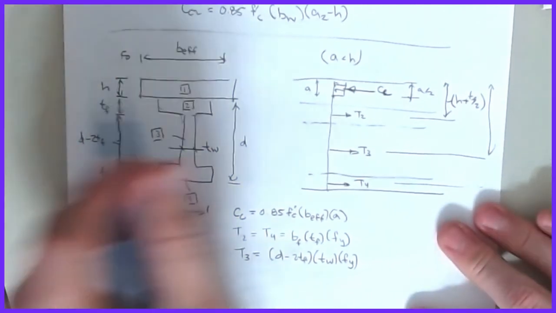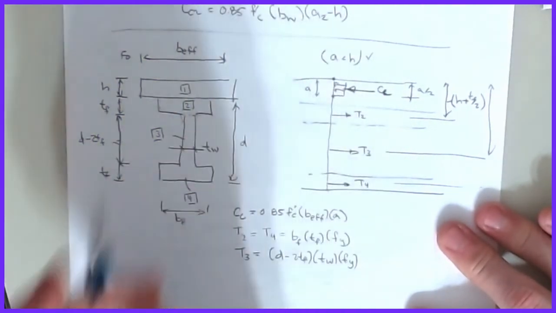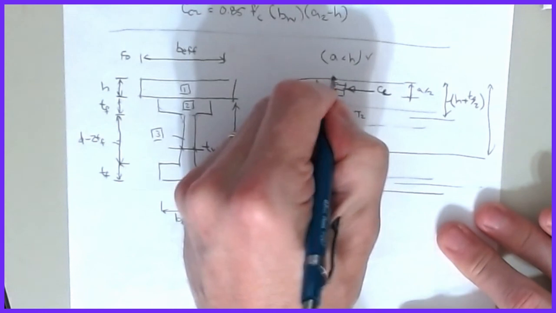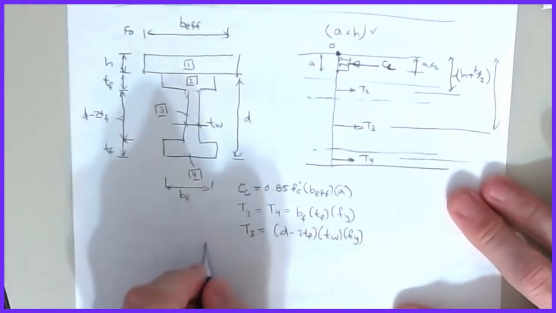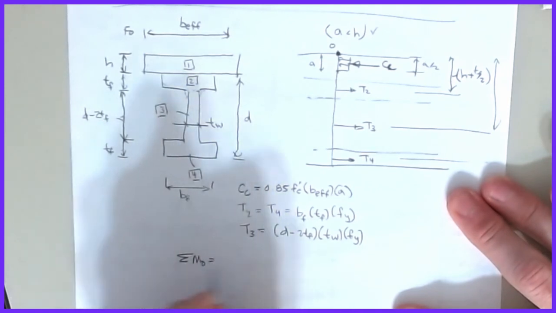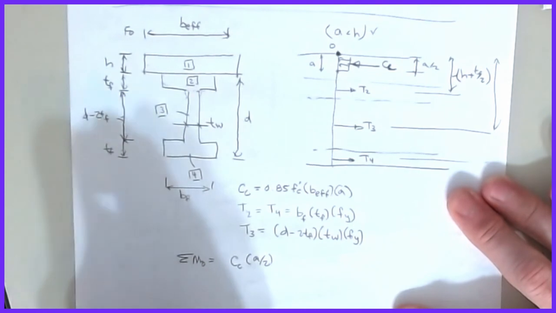So what we're going to do then is to compute the moment capacity of this guy. If this is my case, I'm going to sum moments at the top of the beam at O, right? And so I can do sum of moments at O is going to be equal to C sub C times a over 2.